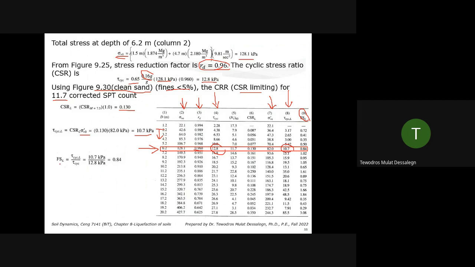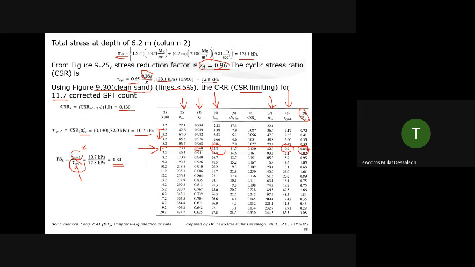Now, the factor of safety is the CRR divided by the demand. CRR is the limiting condition right before liquefaction occurs, that's the soil capacity. And the demand, the seismic part, is this. So we get a factor of safety of 0.84, this value. Is it going to liquefy or not?